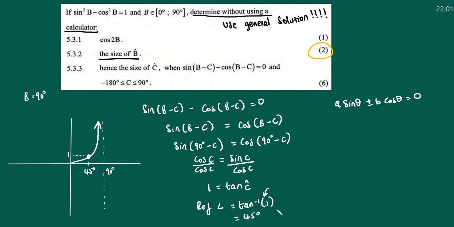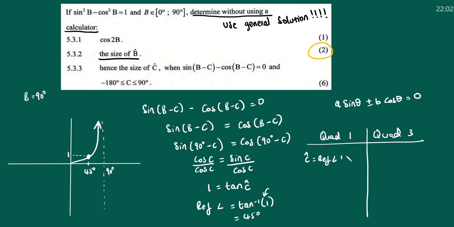Right. And then now that you have the reference angle, where is tan positive? Remember that it's positive in quadrant number 1 and then quadrant 3. Which means that angle C will be equal to the reference angle plus 180 degrees times k. Remember, for tan we use 180. So the reference angle is 45 degrees plus 180 degrees times k.